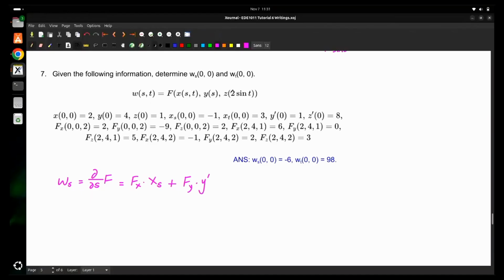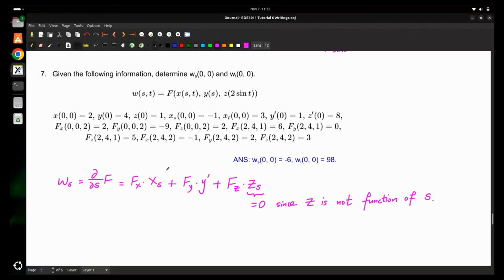Okay, then you can look at this Z. But Z is not a function of S. So you can write plus F sub Z times Z sub S. So that means you try to differentiate Z with respect to S. But you realize that this Z sub S is equivalent to 0 since Z is not a function of S. So therefore you have only the first two terms.